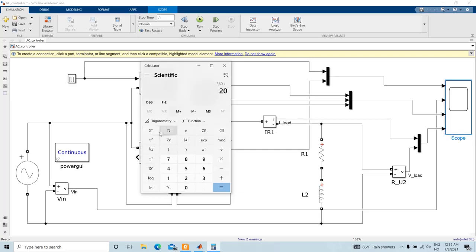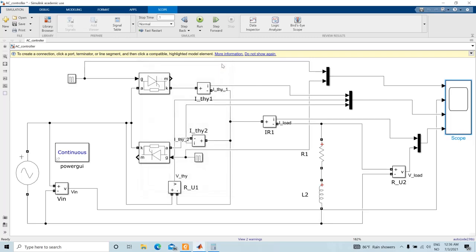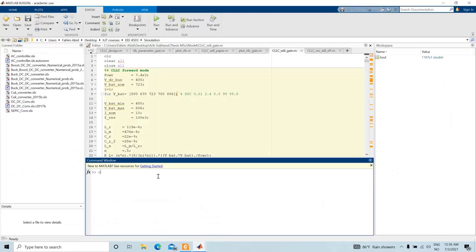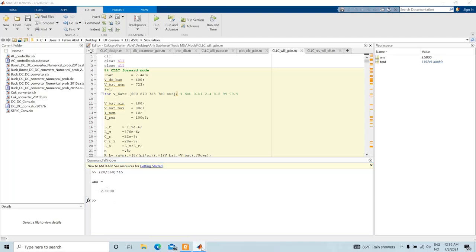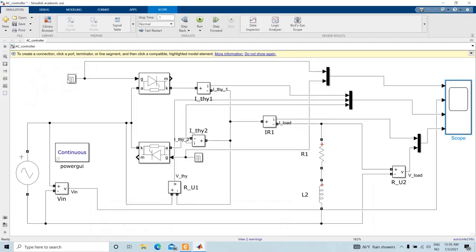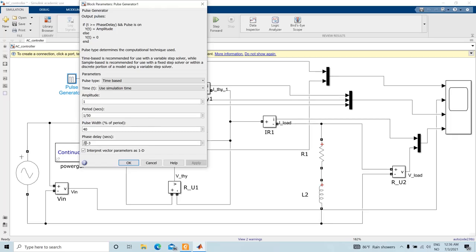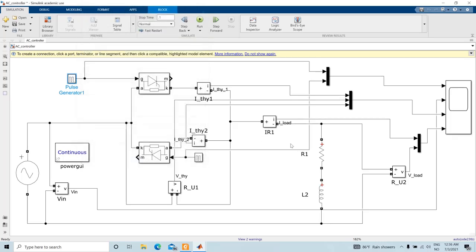So it should be 20 divided by 360 and then multiplied by 45. So in terms of time it's 2.5 millisecond. The delay angle, alpha, in our case is 2 millisecond, which is smaller than the theta value.